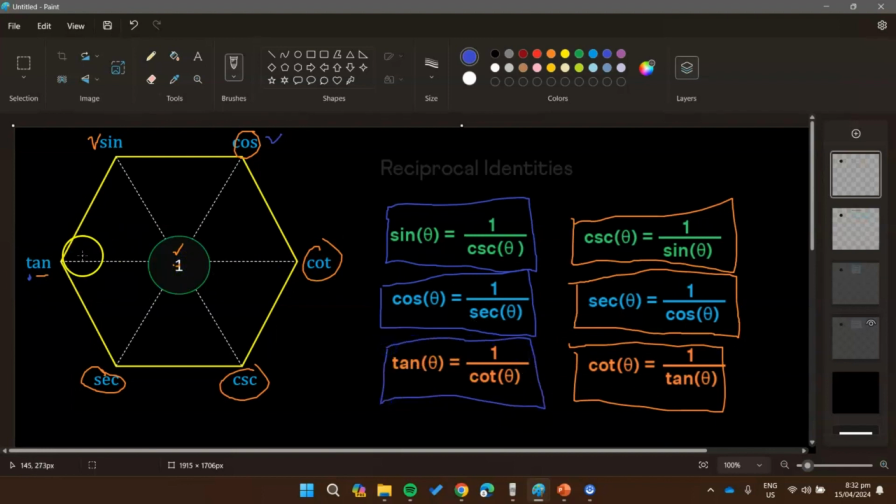So remember, when you traverse the straight line, you are dividing. So 1 divided by cot gives you tan. 1 divided by sine will give you cosecant. So again, this is how to make use of our magic hexagon to do the reciprocal identities.